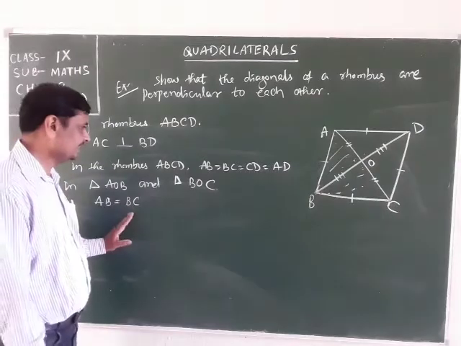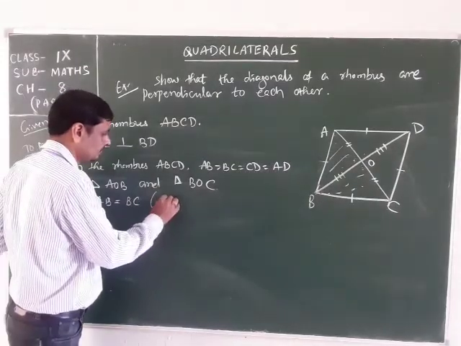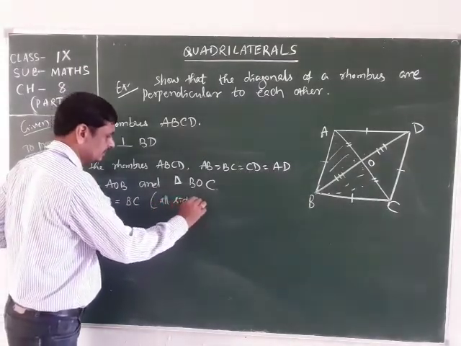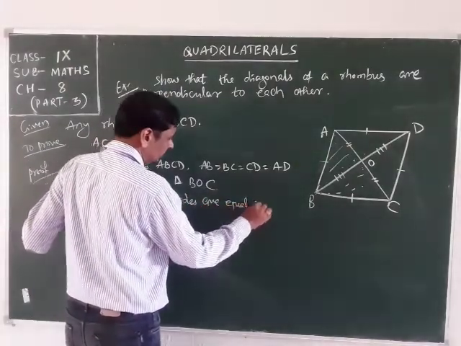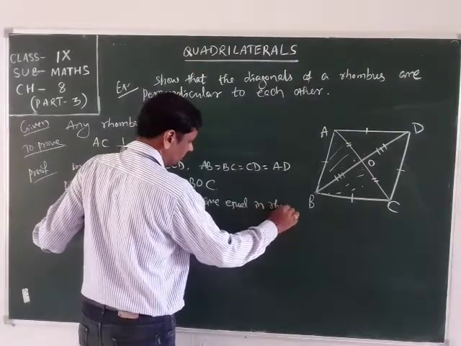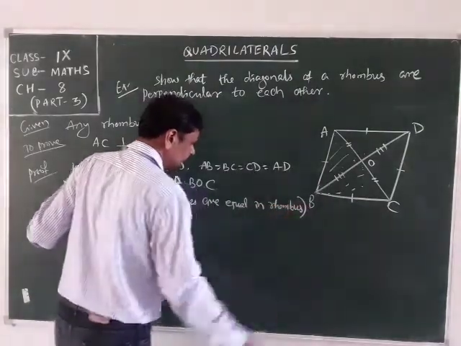AB is equal to BC because all sides are equal in a rhombus.